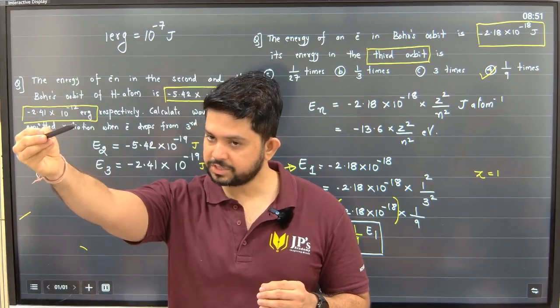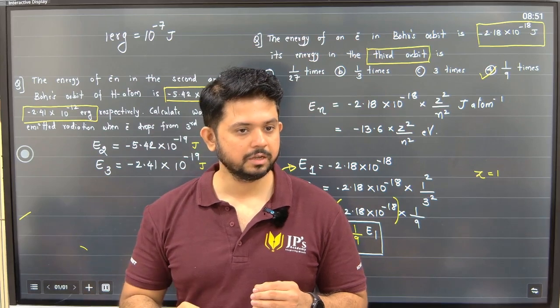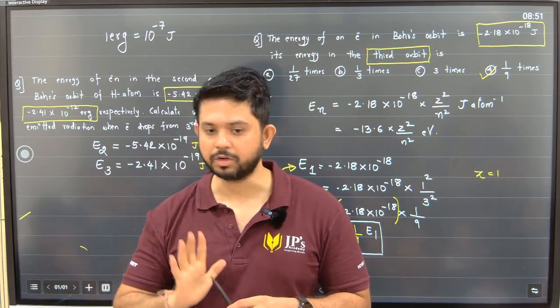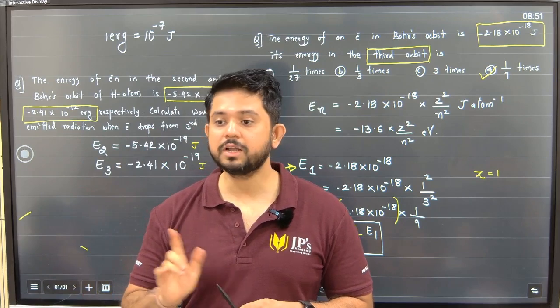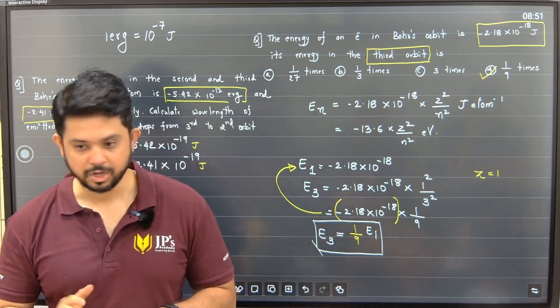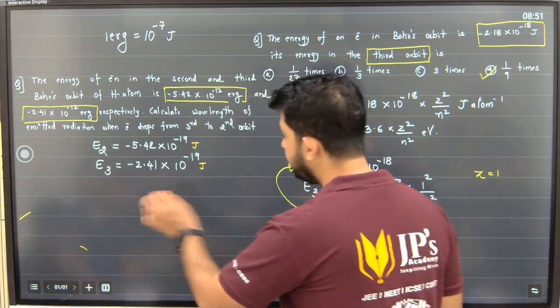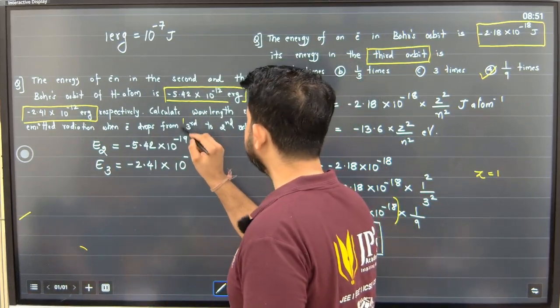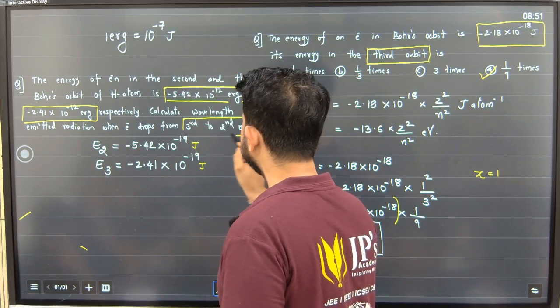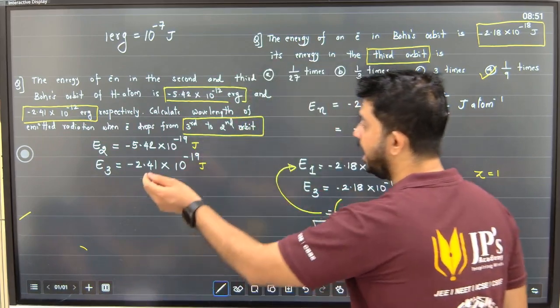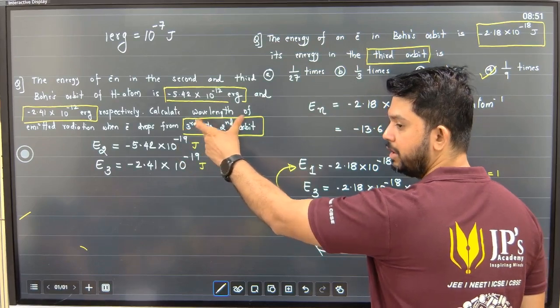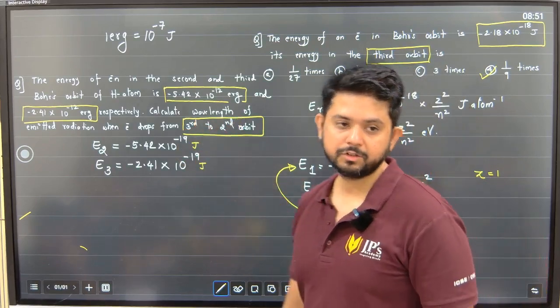When it goes from a higher shell back to the lower shell, it releases a photon. That was called de-excitation. So यहाँ पे during that de-excitation, when an electron drops from the third orbit to the second orbit, that photon which is released, you have to find the wavelength of the photon.